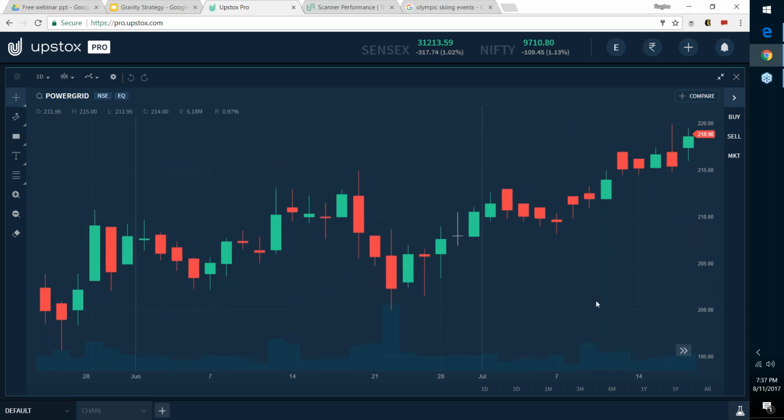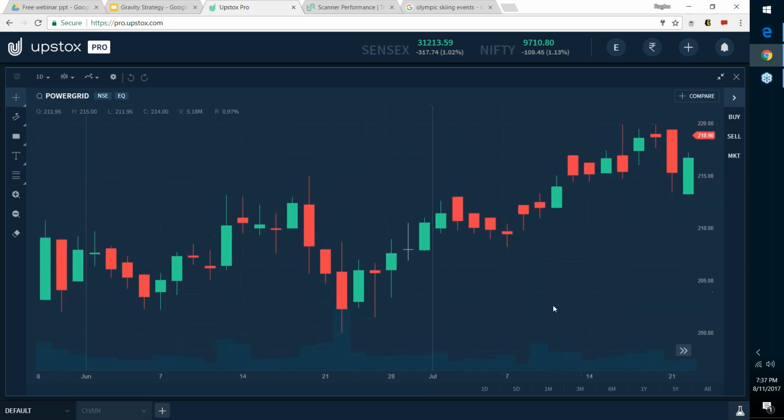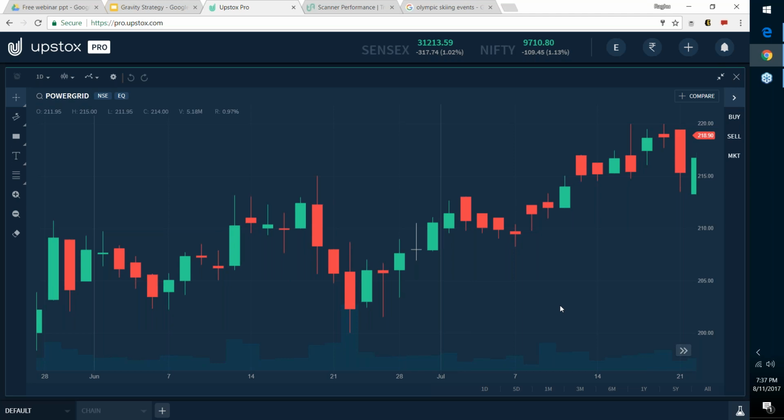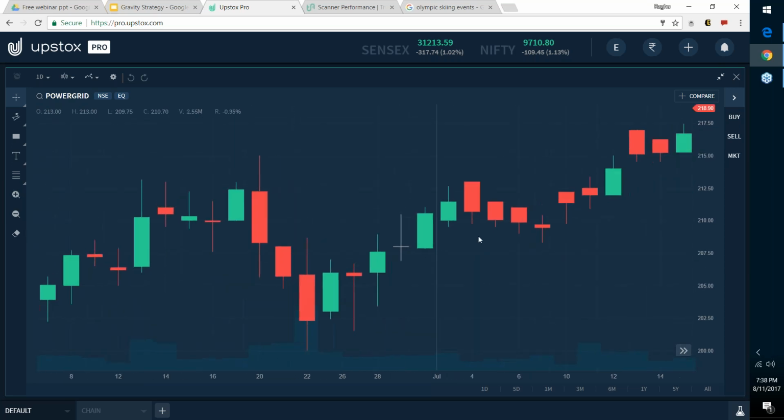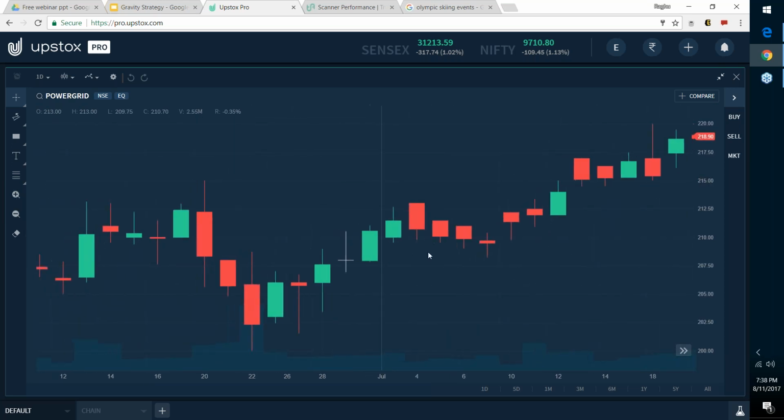Okay, so we are looking for gravity, okay? And let's see if everybody here can find the gravity trade. Do you guys all see it? It's not that obvious in this example. This is not the best example, but you should be able to see it.